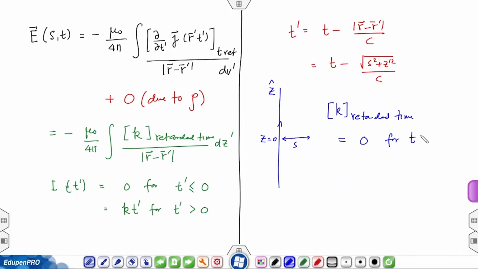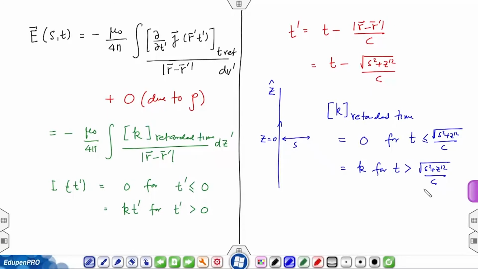So, t is less than square root of s square plus z prime square over c, and this is equal to k for t greater than square root of s square plus z prime square over c.